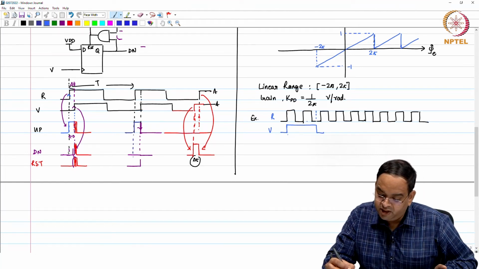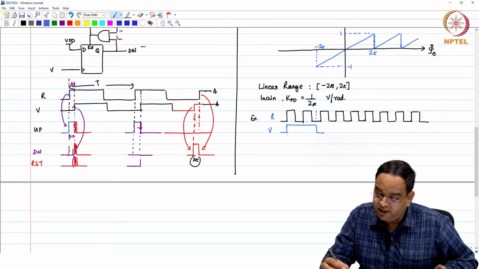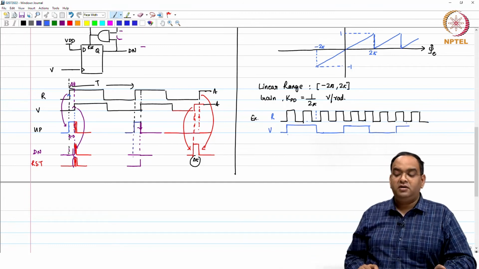Here I am taking this as 1.75, so I should make it like this. Let us do it this way. This is just an example which I am having, right.